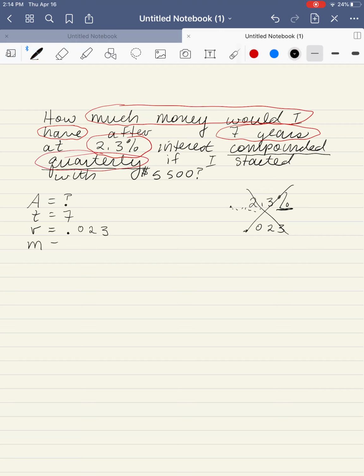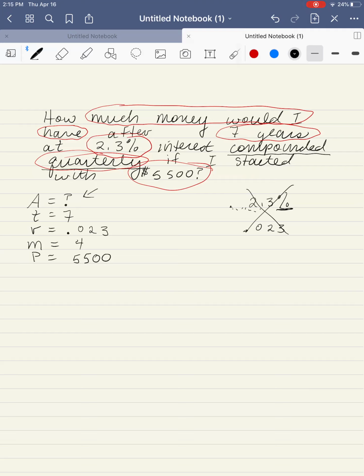And then compounded quarterly tells me that there are 4 quarters in a year, so M is 4. And the amount of money that I started with is present value, capital P, is $5,500.